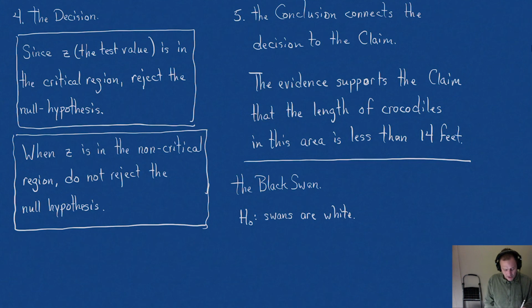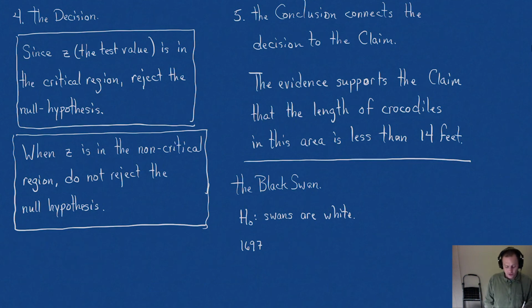Well, then what happened is in 1697, a Dutch explorer and his team of researchers went to Australia. And in Australia, they found a bird that, darn it, looked just like a swan. But guess what? The only difference they could see was that it was black.